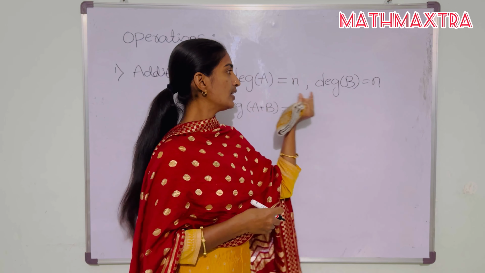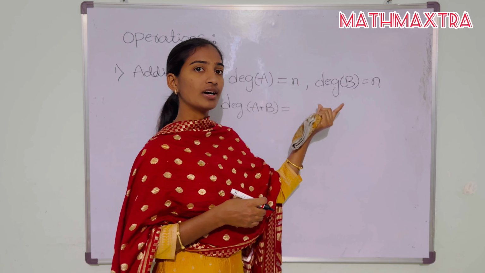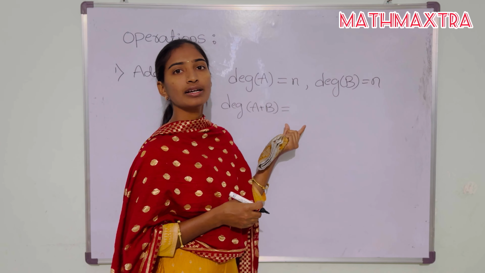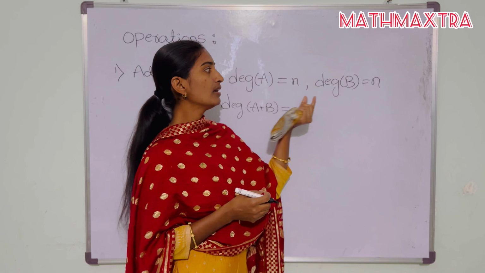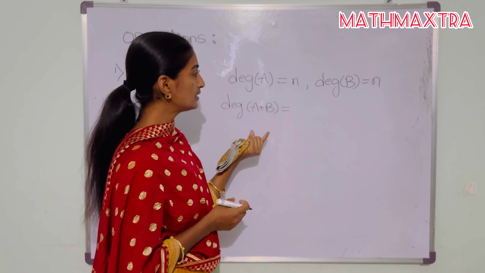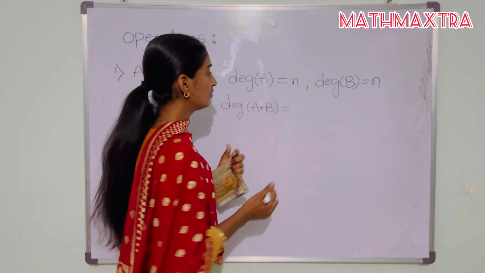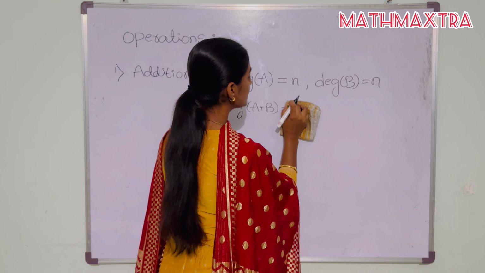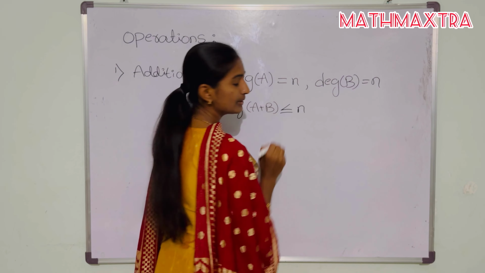Yes, if the same degree terms get cancelled, the degree of a plus b completely changes. So that is why we cannot determine it for same degree expressions. That is why we can simply say the degree of the sum of expressions of the same degree is always less than or equal to n.